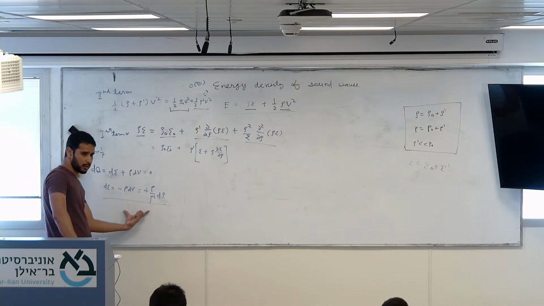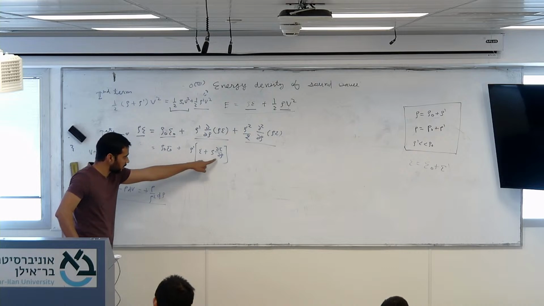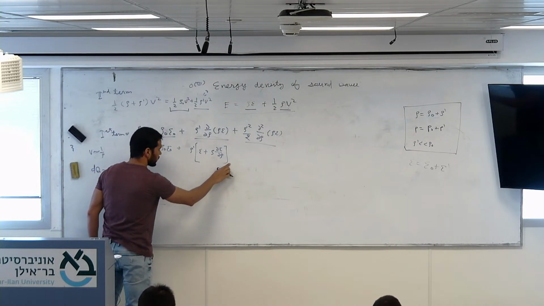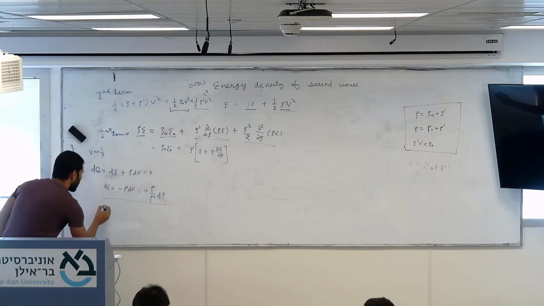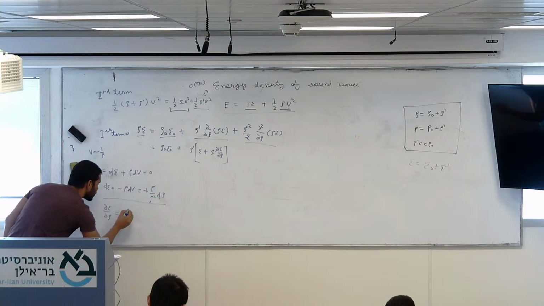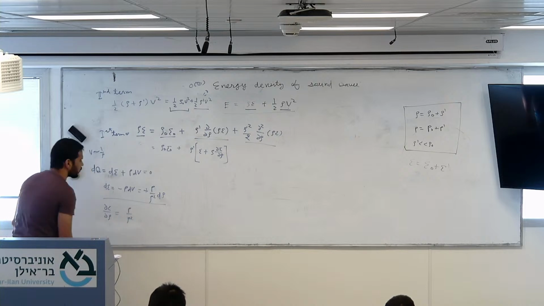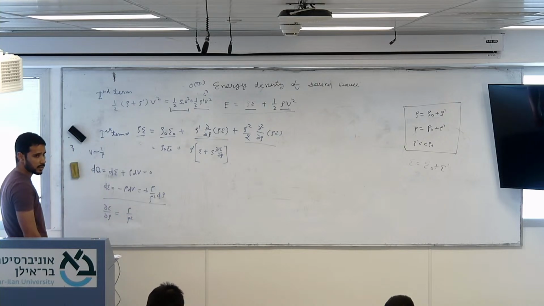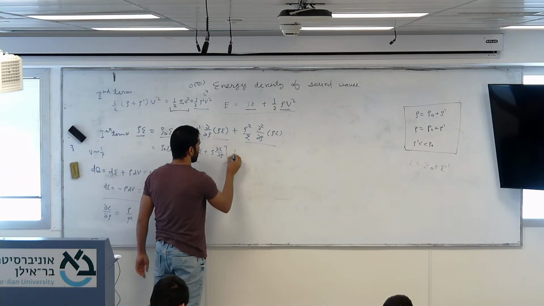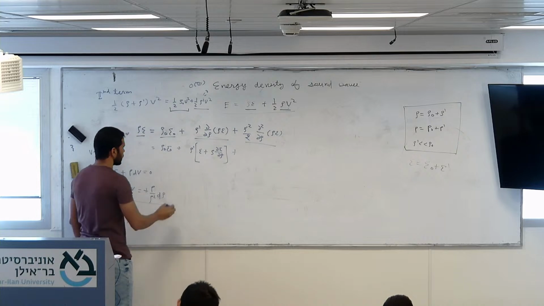If I take del E over del rho here, everything is at constant entropy, okay? So del E over del rho equals P over rho square. Okay. I'm not dealing with this term at the moment. We'll talk about it later.